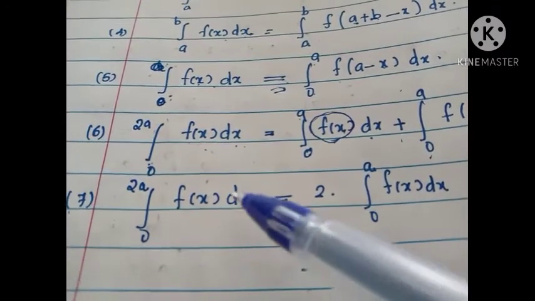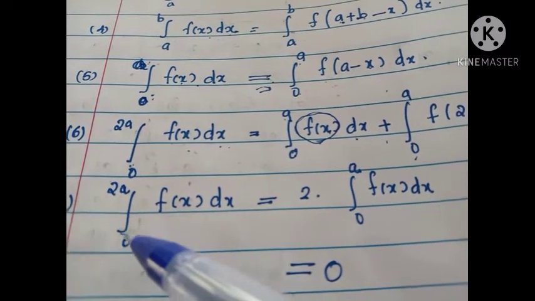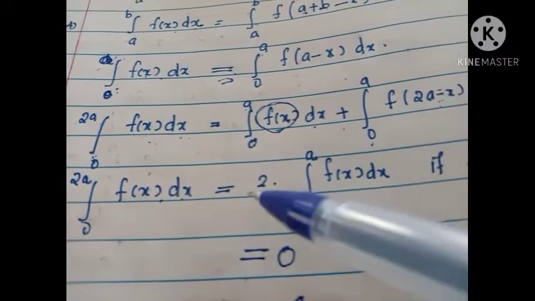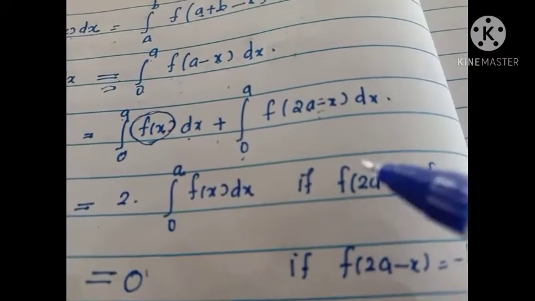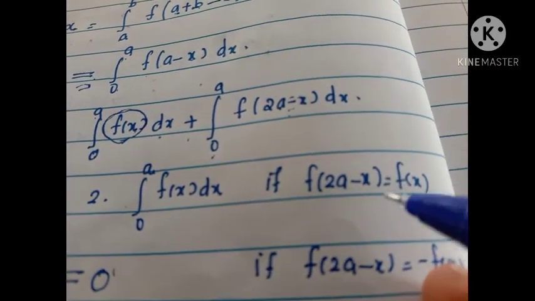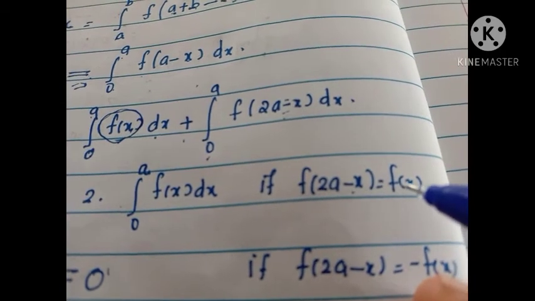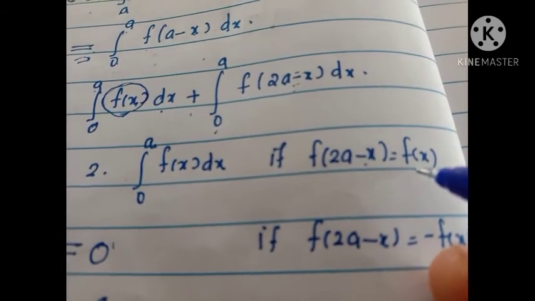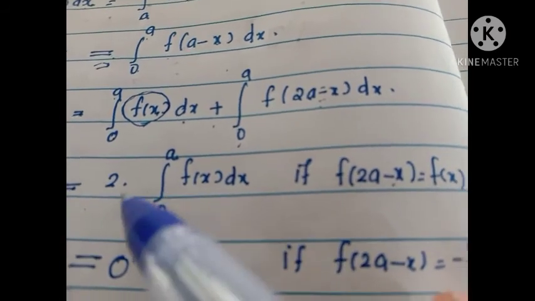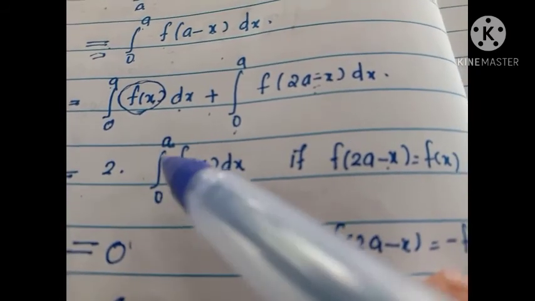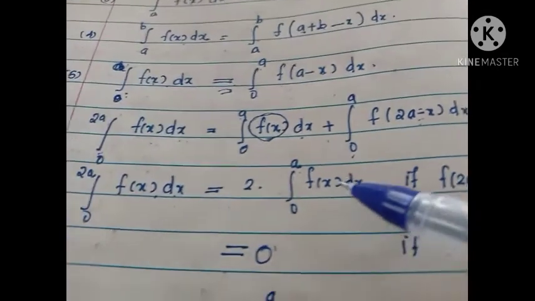Now the seventh property: integral from 0 to 2a f of x dx is equal to, there are two cases. If f of 2a minus x is f of x, then it is 2 times integral from 0 to a f of x dx.